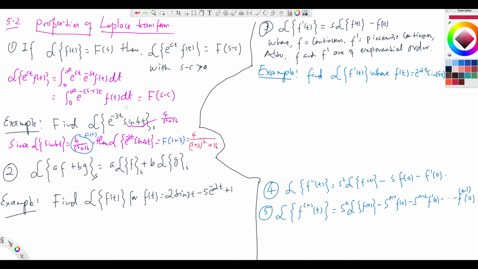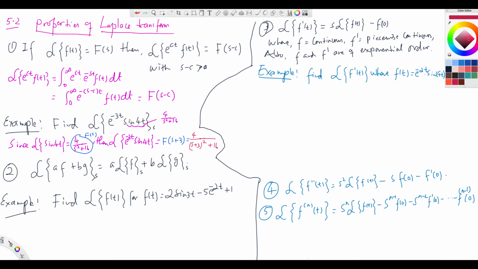Again, if the Laplace transform of f(t) is F(s), then the Laplace transform of e to the ct times f(t), multiplying f(t) by an exponential function, is F of s minus c. That s will be replaced by s minus c. Here we multiplied by e to the negative 3t, so c is negative 3, and our s is replaced by s plus 3. That's how we got it.